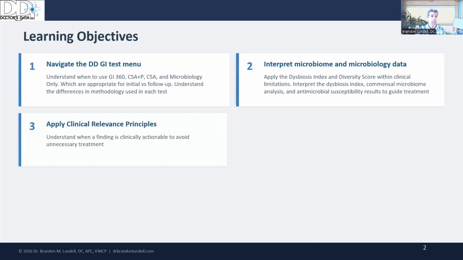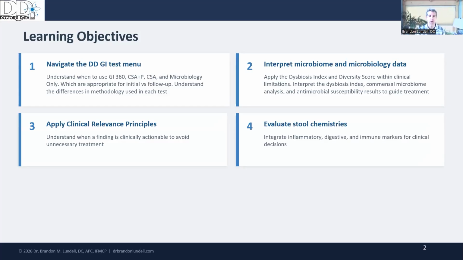We'll apply some clinical relevance principles, so you understand when a finding is actually clinically actionable, or is just something to follow, or what is really causing that finding. That's really important, because a lot of doctors know how to interpret the test, but they still don't know whether it should be treated or not. That's a very important and common question.